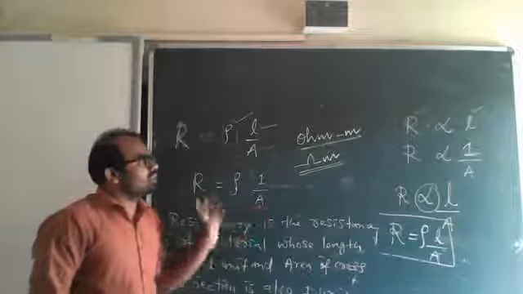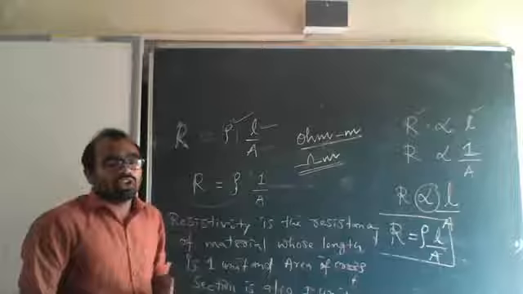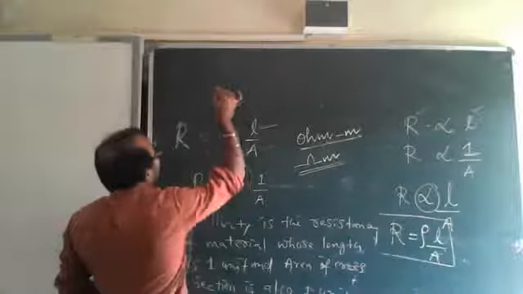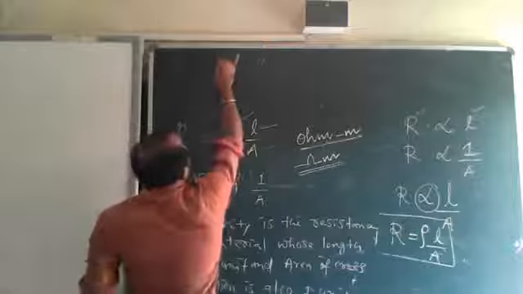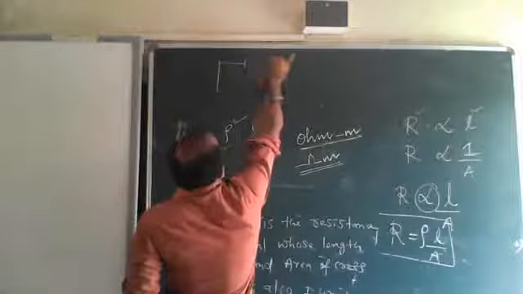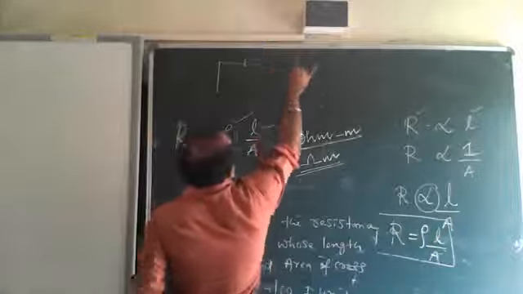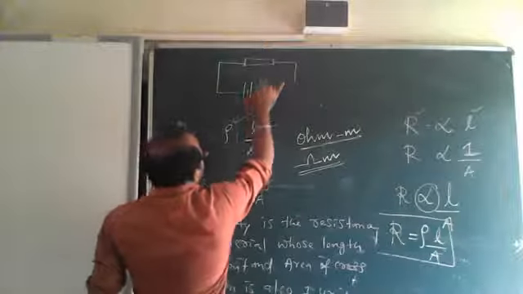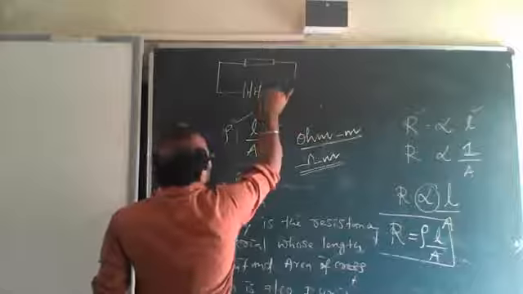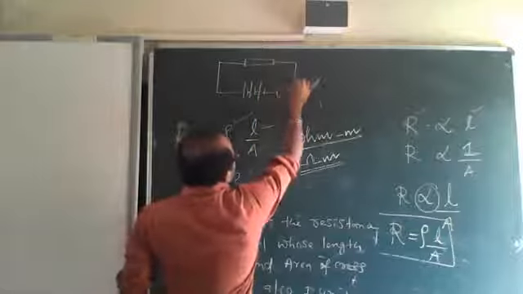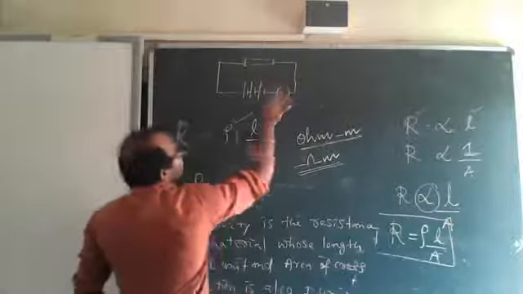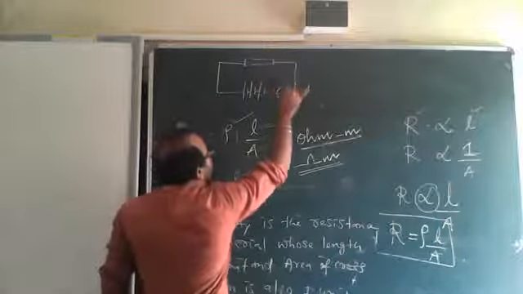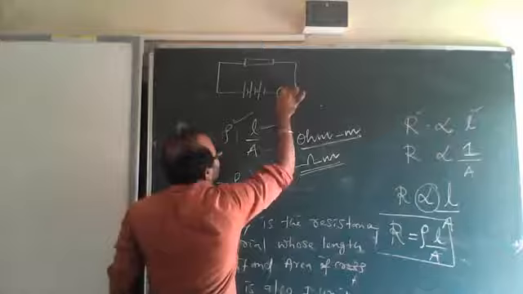So today in this class we have learned all about this. I just want to tell you one thing about the second class. I represented one diagram, but in that diagram I want to make one change. I represented a key, or a switch, but it should always be closed.